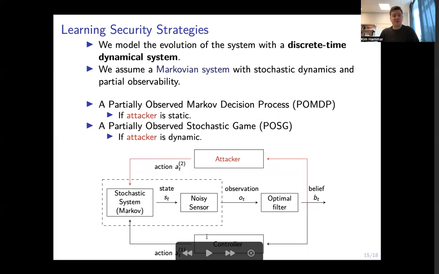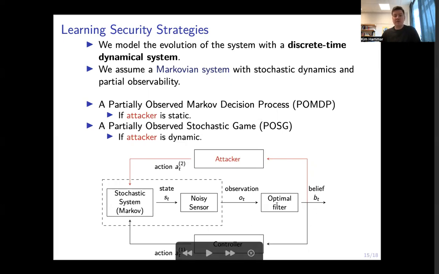You see it on the figure here. We have a Markovian system that has a state, a Markov state, and this state evolves according to a Markovian transition operator. The state, however, is hidden from the defender. So the defender can only observe noisy measurements of the state. These observations are correlated with the state, but they do not give the full information.